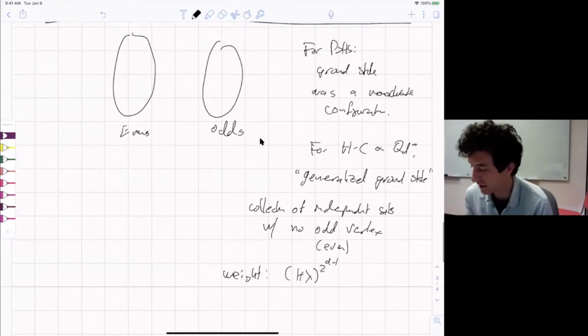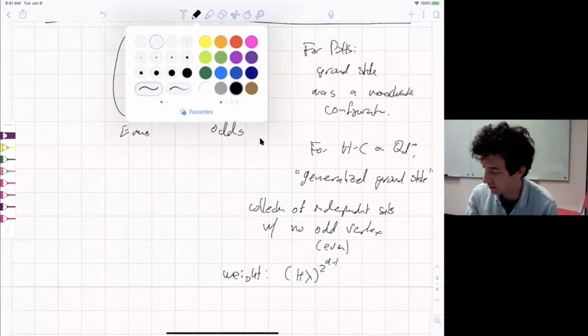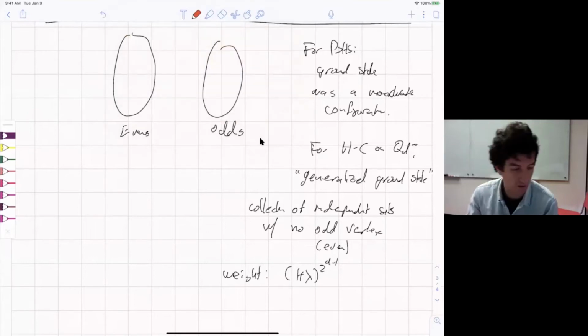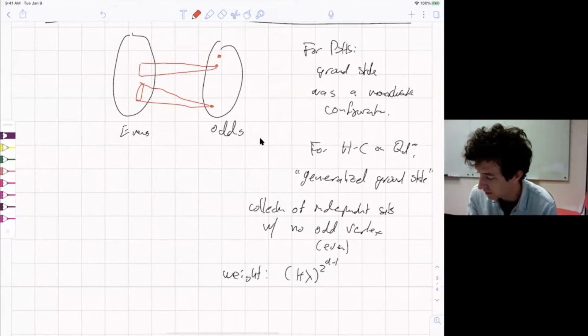And then what we want to see is how a particular independent set deviates from this. And so again, now let's have a little bit more complicated picture. Maybe on the odd side, there's a vertex with its neighborhood. Maybe there's 2 vertices here that are occupied with their neighborhoods, but maybe these neighborhoods overlap.